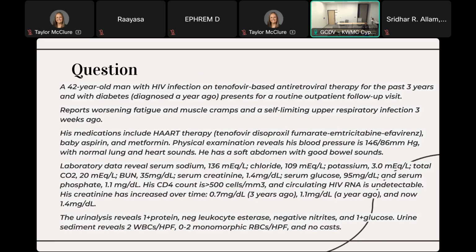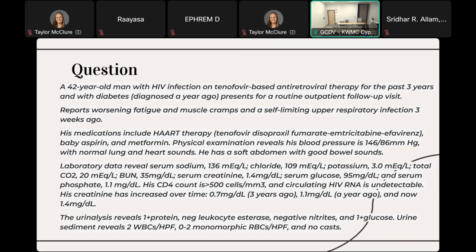His lab analysis: sodium is 136, chloride is 109, potassium is 3, bicarbonate is 20, BUN is 35, creatinine is 1.4. His glucose is 95, and his phosphate is low at 1.1. His CD4 count is well maintained, and his HIV is suppressed. His creatinine used to be 0.7, so over a period of 3 years, it has increased from 0.7 to 1.4 today.